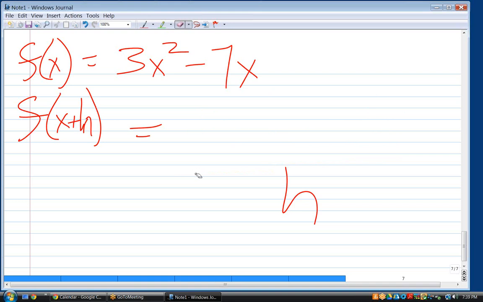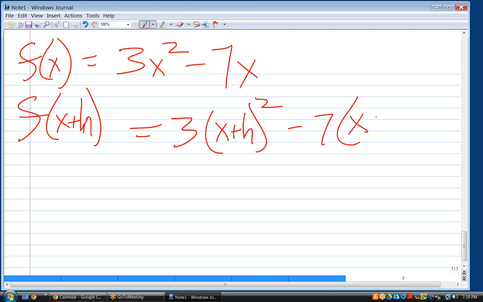So they want us to apply that to this function. First of all, what's f of x plus h? 3 times (x plus h) squared minus 7 times (x plus h) minus (3x squared minus 7x).